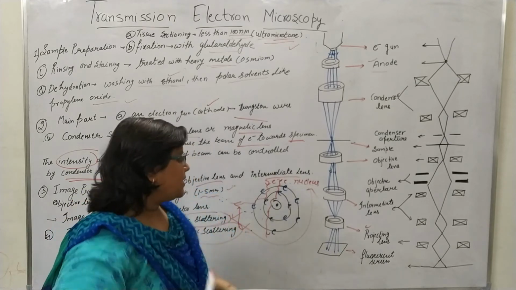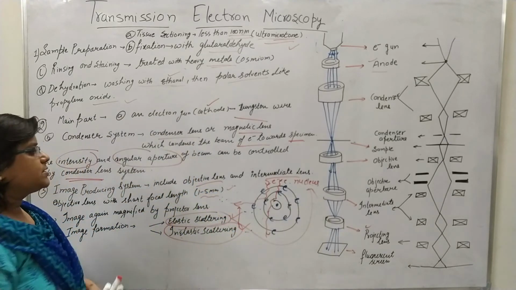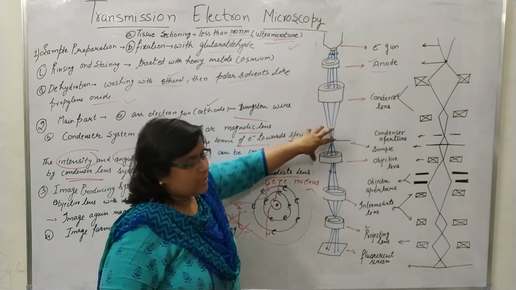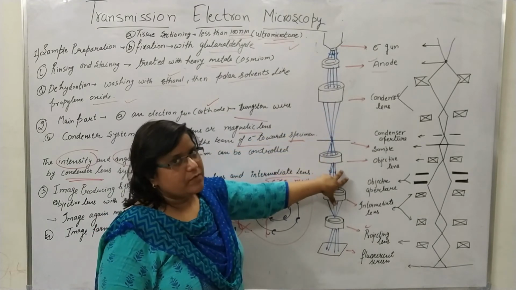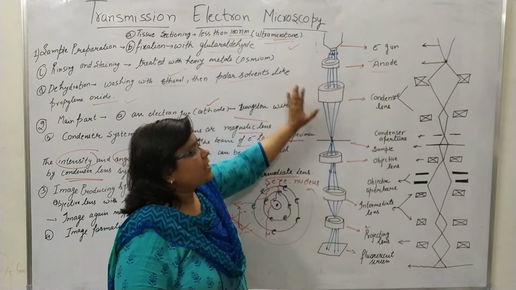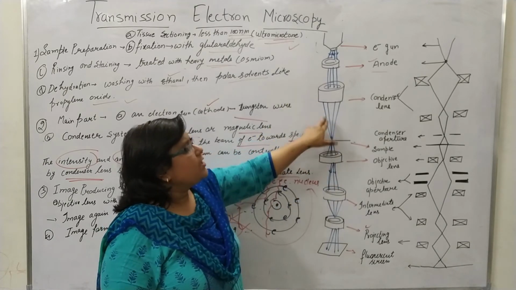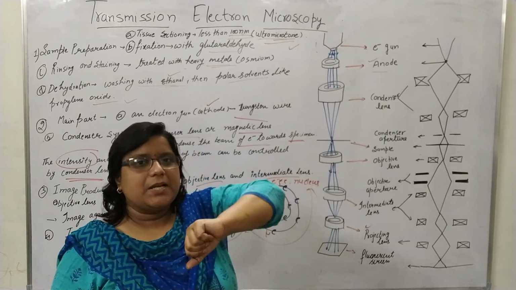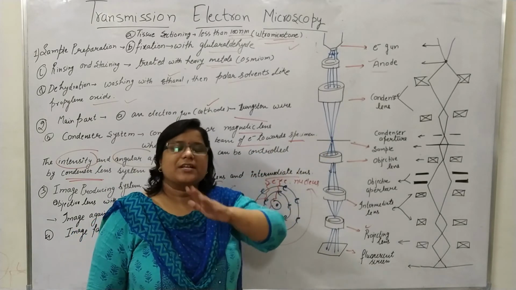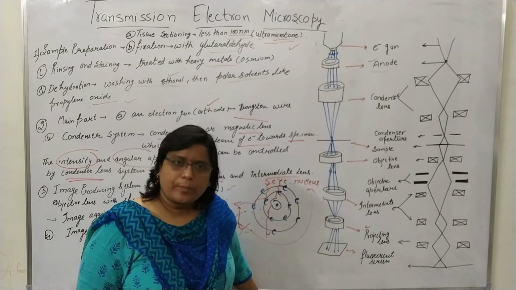Here the main thing is that these transmitted electrons are projected towards the objective lens. The primary electrons are transmitted through the sample, and that is why it is known as transmission electron microscopy.